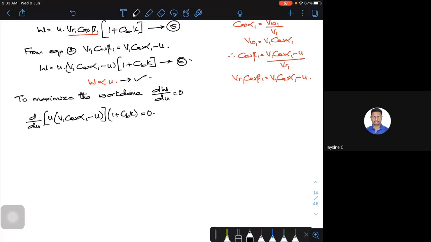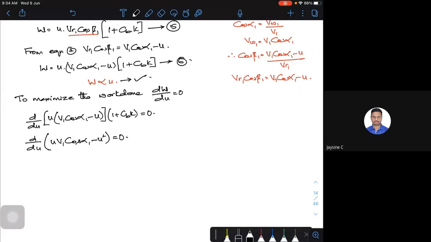I am left with only d by du of, if I open the bracket, u into v1 cos alpha 1 minus u square, is equal to 0.